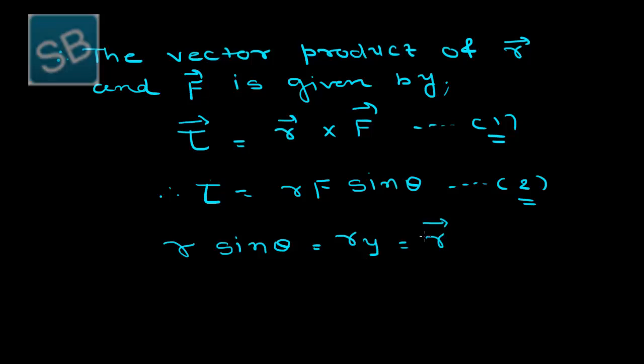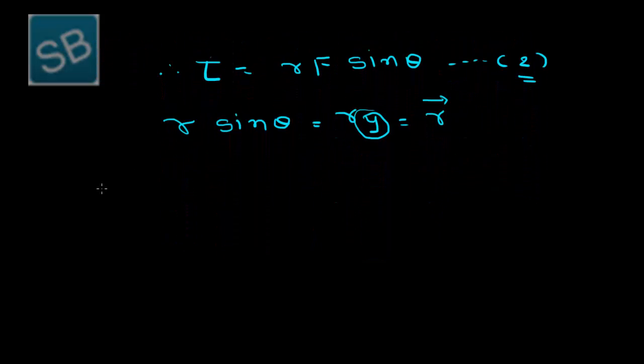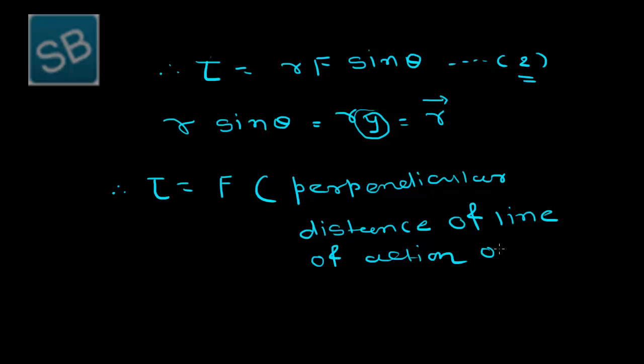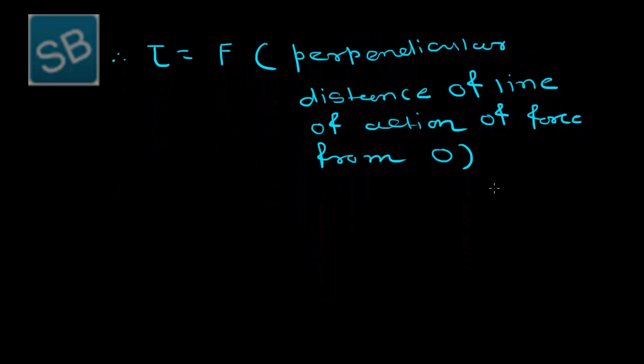That is the component of the position vector in the perpendicular or vertical direction, and hence I can write equation 2 in the statement form: tau is equal to F into the perpendicular distance of the line of action of force from the origin, that is O.